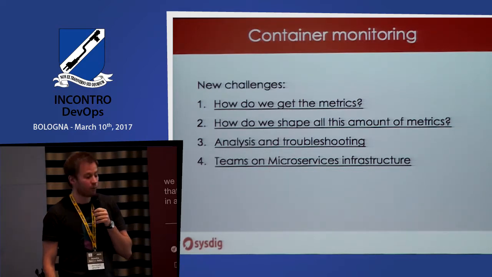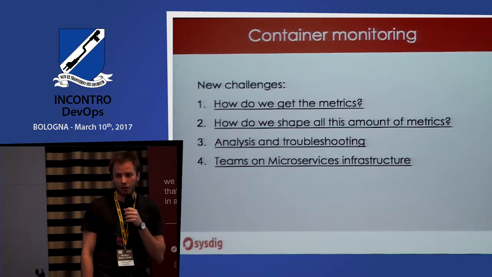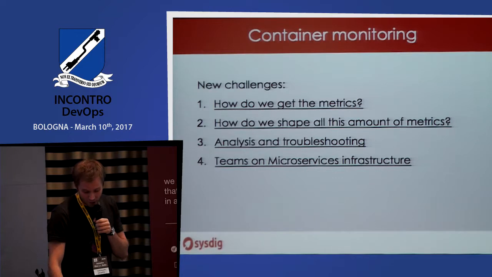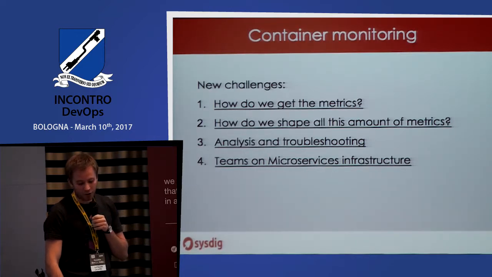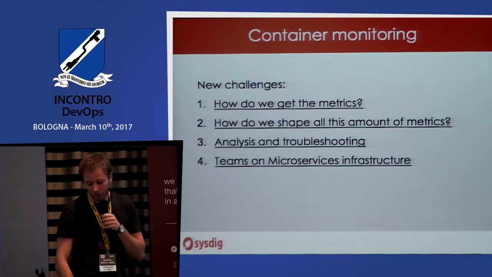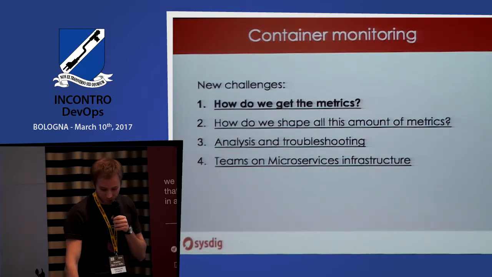Because if we just throw at them all the metrics that we collect from all the containers, it's almost impossible to understand anything about what's going on. And then we have to do analysis and troubleshooting on this, and I will add an extra bullet point on how to divide the job among teams when you're working on microservices and isolated parts of code.